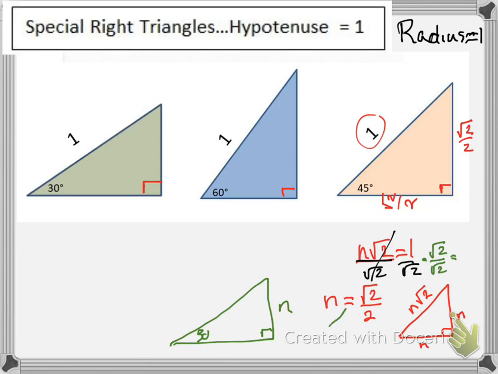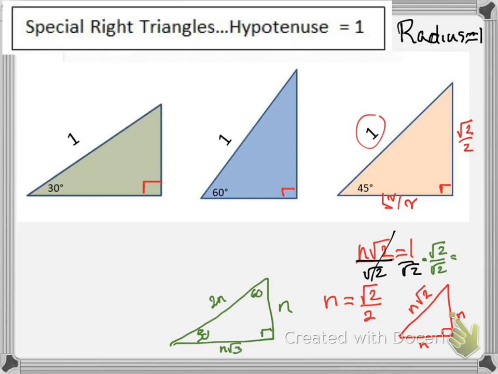The longest side, the hypotenuse, is 2n. And the one that's opposite from 60 is n root 3.